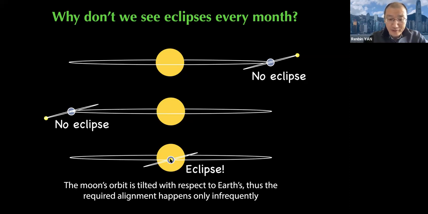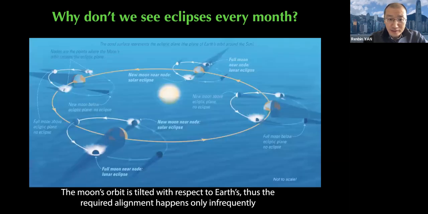And that is going to happen around full moon time. So this is when this perfect alignment can happen. At these other positions, this perfect alignment cannot happen. So that is why we do not see a lunar eclipse every month.